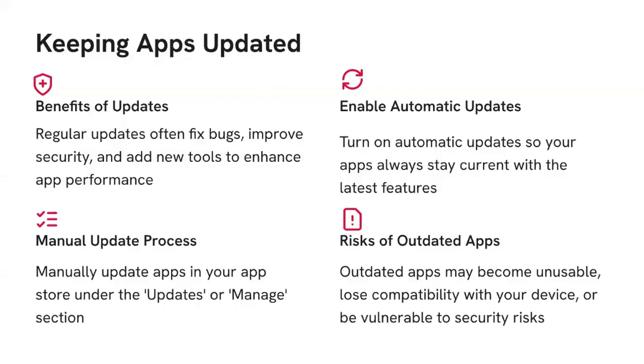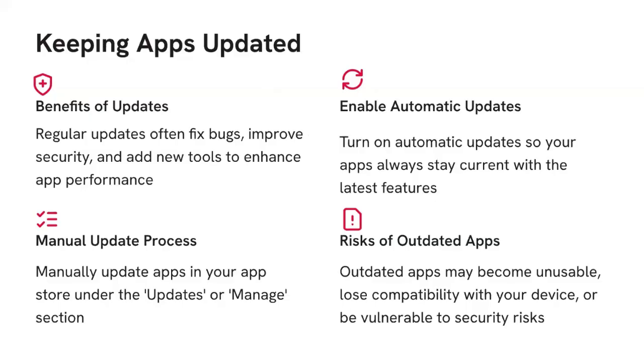And it's also important to keep all the apps updated. So we're going to talk about that too. So the benefit of updates is that regular updates often fix bugs, improve security, and add new tools to enhance app performance. And the manual update process is to update apps in your app store under the update or manage section.